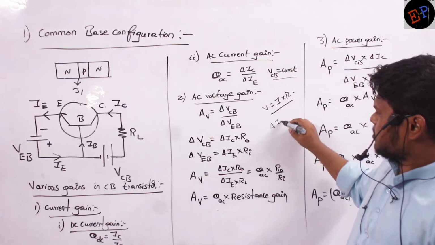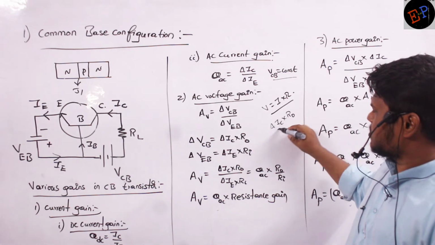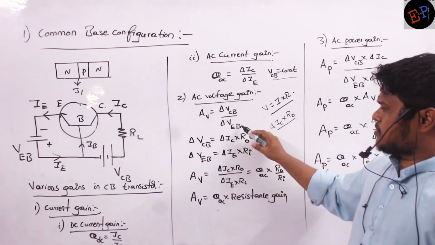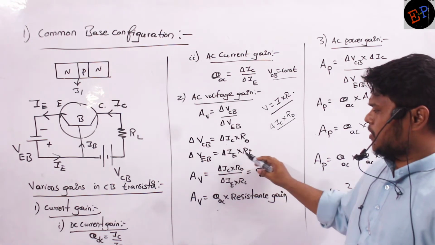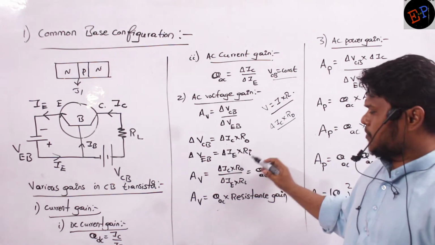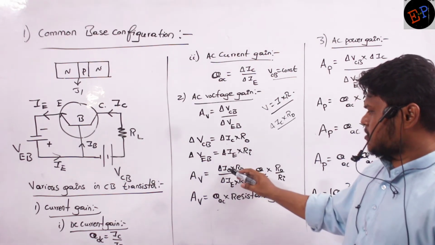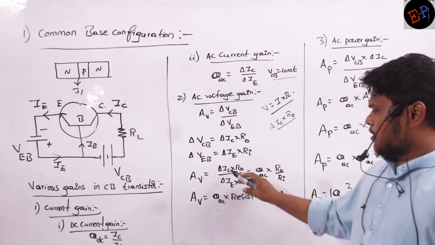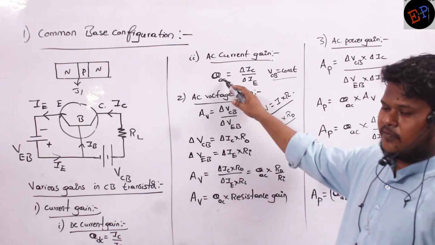So delta IC multiplied by output resistance R0. And this is input voltage, so input current multiplied by input resistance. So voltage gain can also be written as delta IC R0 divided by delta IE into R input. Delta IC by delta IE we have already written as alpha, no?